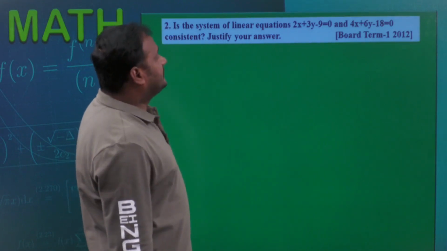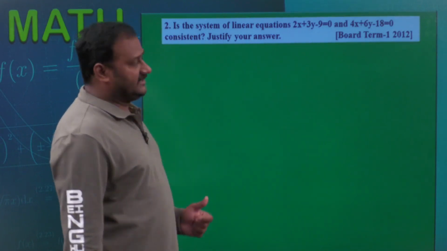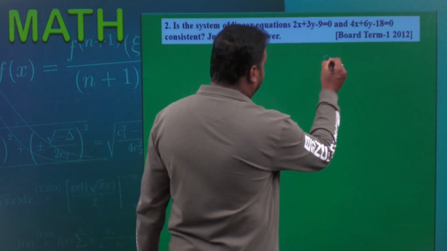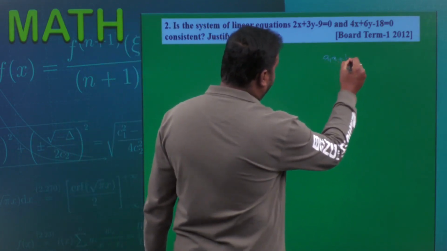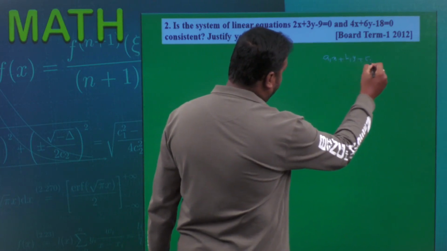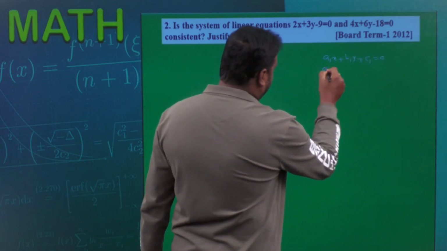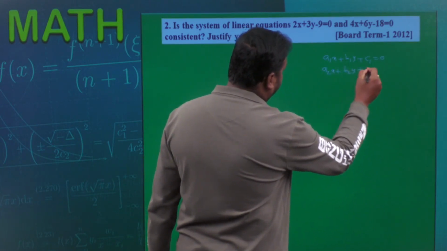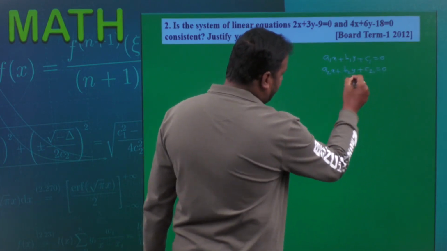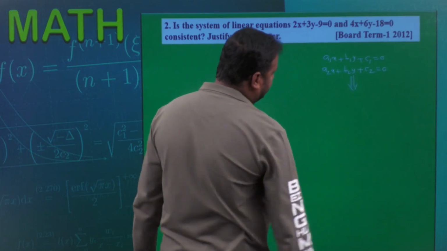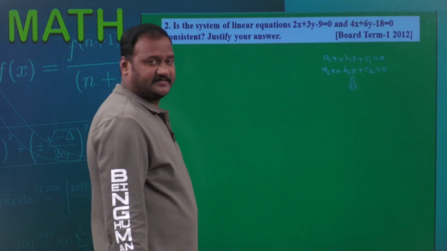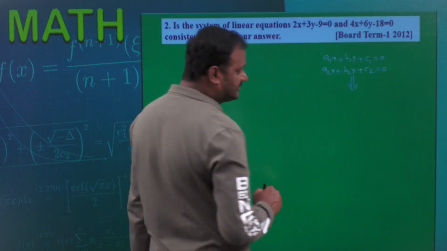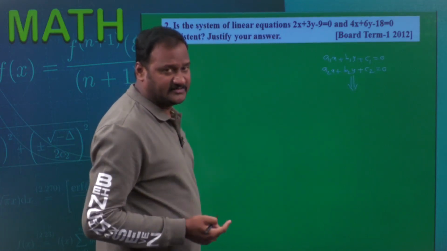Is the system of linear equations consistent? So when are the system of equations said to be consistent? For example, a1x plus b1y plus c1 is equal to 0 is the first equation. Second equation is a2x plus b2y plus c2 equal to 0. They are said to be consistent equations when they have a unique common solution or they have infinitely many solutions.